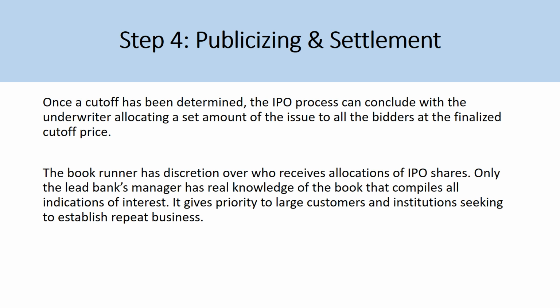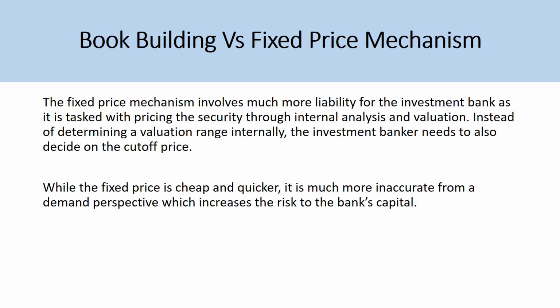So it gives priority to large customers and institutions seeking to establish repeat business. So they really dictate where a lot of the issue goes. And they have a lot of vested interest in keeping these large customers and institutions that trade with the investment bank happy. So they usually allocate those shares to those individuals. And so that's essentially the process.